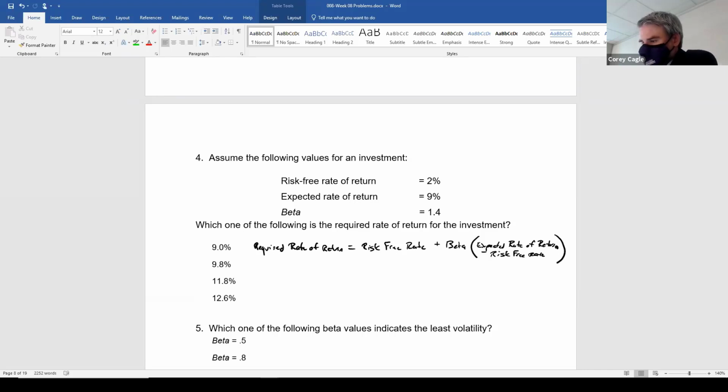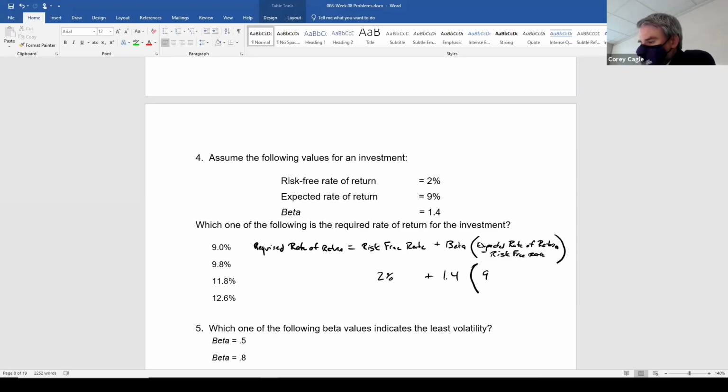And then just plug the numbers in. So 2% plus 1.4, greater than 1, right? So we said if beta is greater than 1, it's riskier, it moves higher than the market or lower than the market, depending on which way it's going.